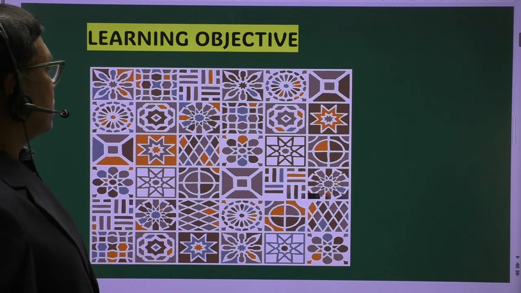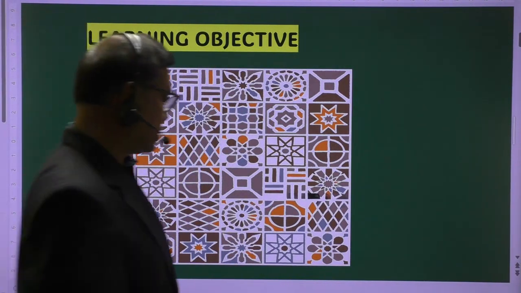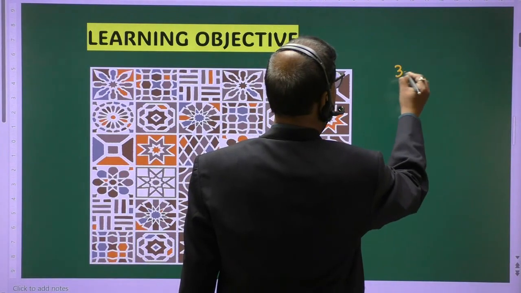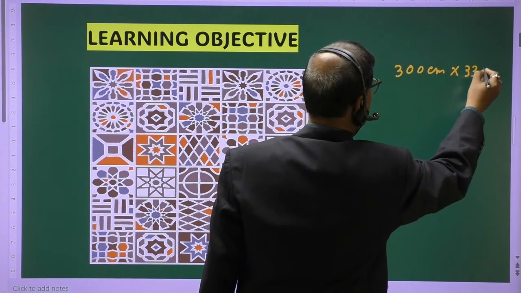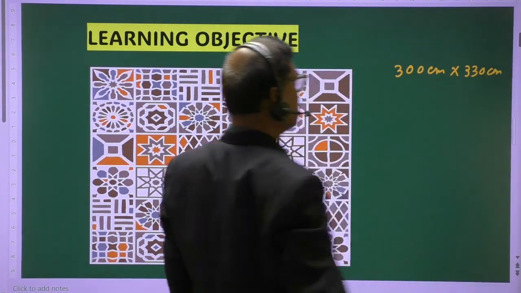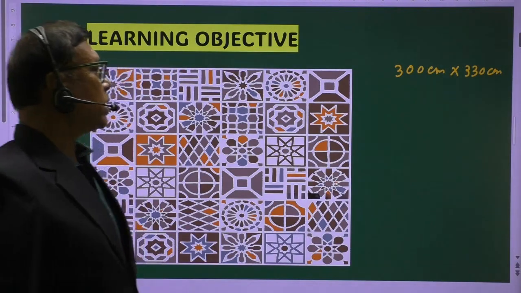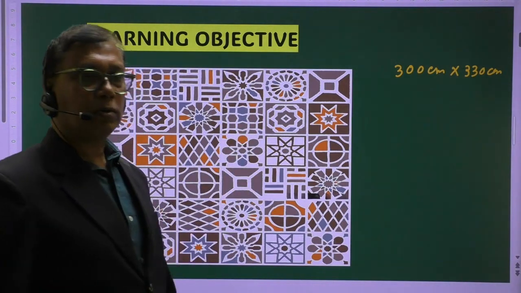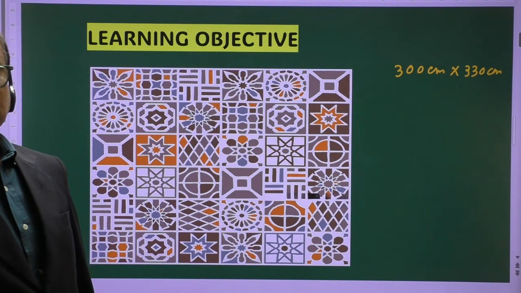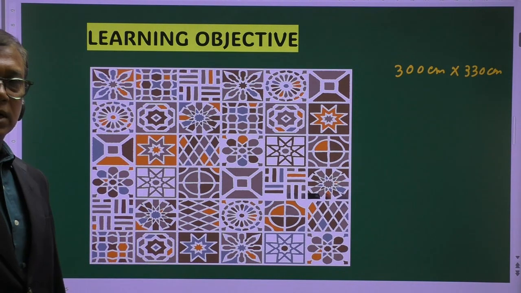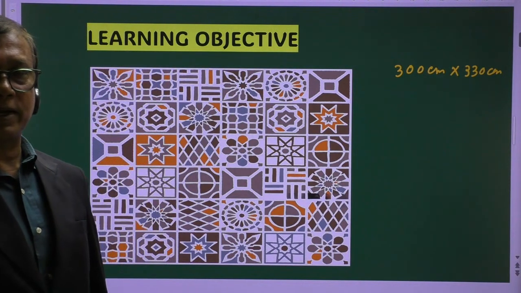Now, if we know the dimension of the floor, suppose 300 centimeter by 330 centimeter, and we want to cover this floor by square tiles, then what will be the greatest length of the square tile, so that we can use the minimum number of square tiles?